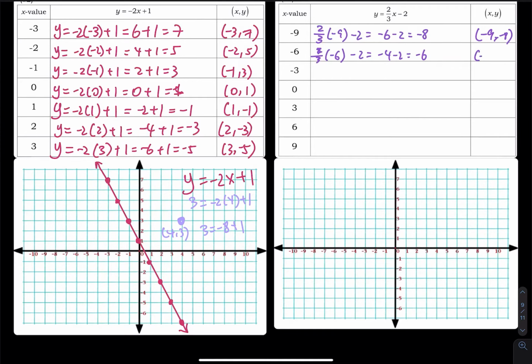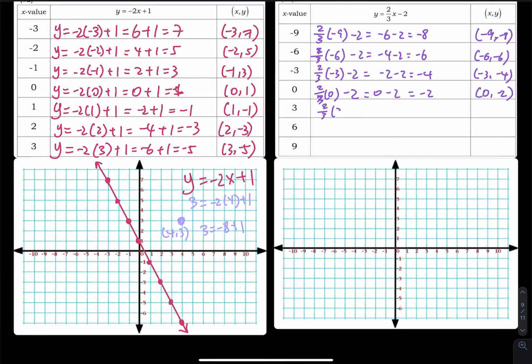So we have negative 6, negative 6. And then 2/3 times negative 3 minus 2. So that will be negative 2 minus 2, negative 4. So that is negative 3, negative 4. And then 0, that is easy, minus 2, so that will be 0, negative 2.